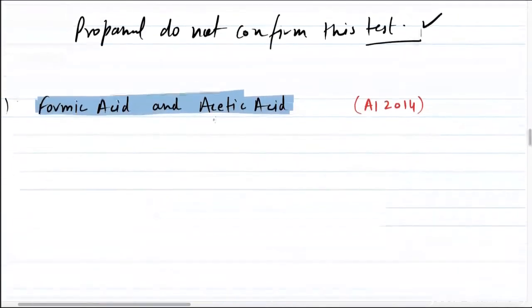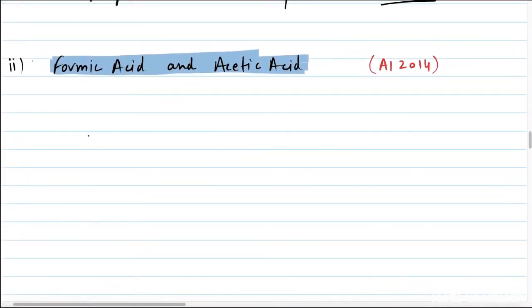Okay, the next one is formic acid and acetic acid. Formic acid is HC double bond OOH, and we have already studied formic acid. This is also an exception case and a very important case.